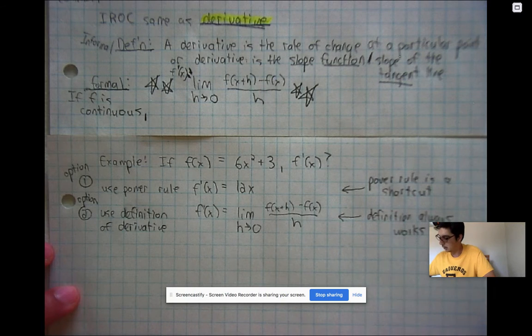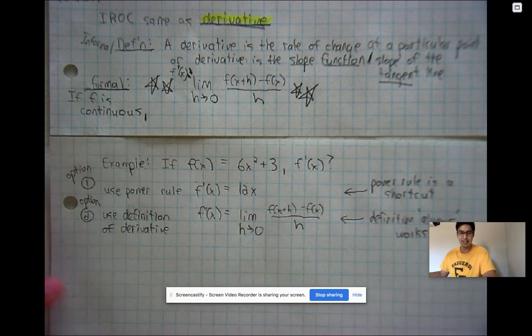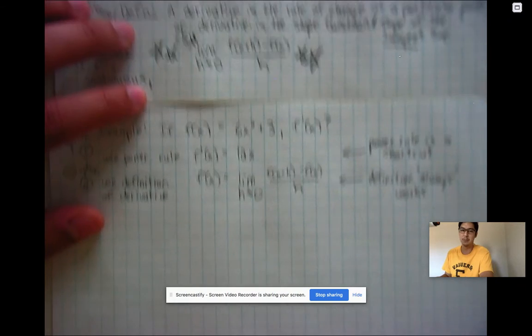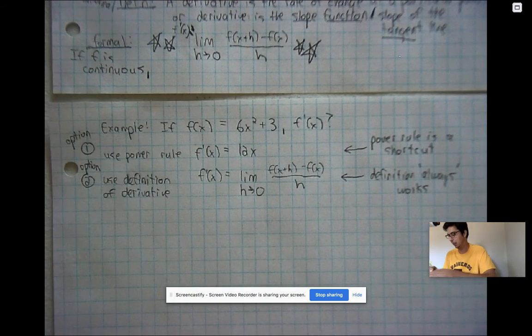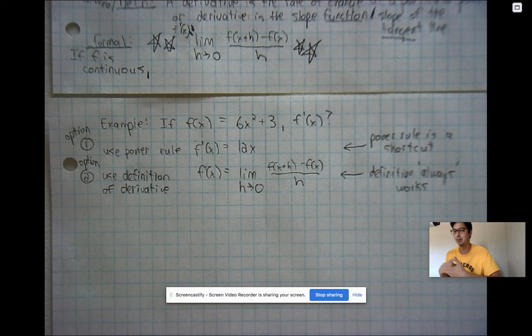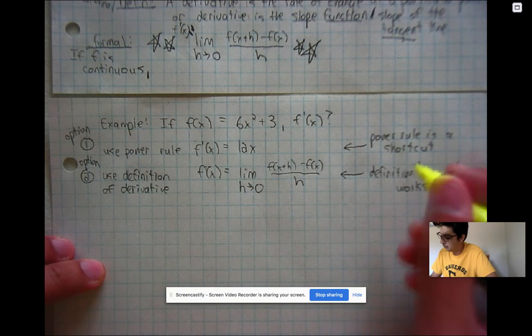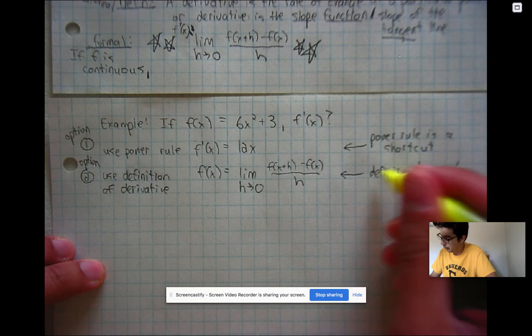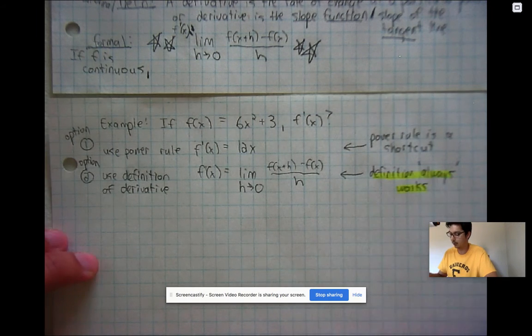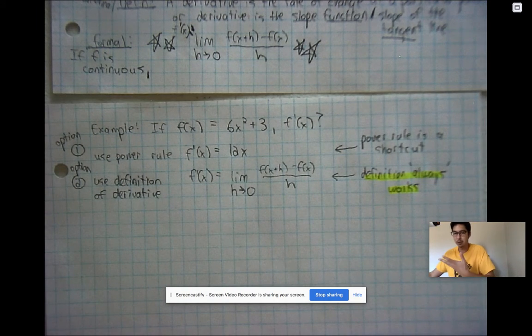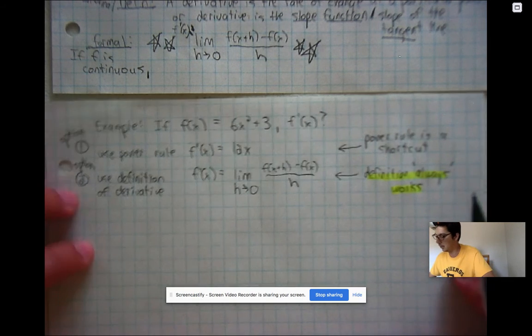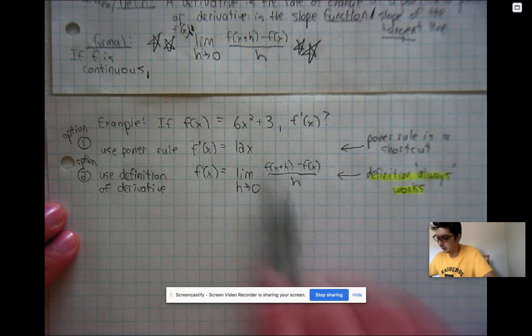And I'll put a little quote on always because in our class it will always work. There are moments when you get into a little bit more complex functions where you need a little bit more tricks, but the idea is still the same. So power rule is such a shortcut. Remember that the definition always works. All right. So if you ever don't know what to do, know the definitions. That's why they're always the building blocks of math. Right. So let's do this here and see if we get 12x.